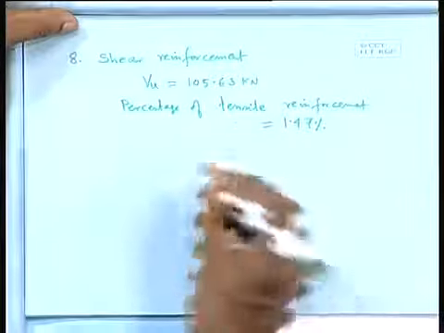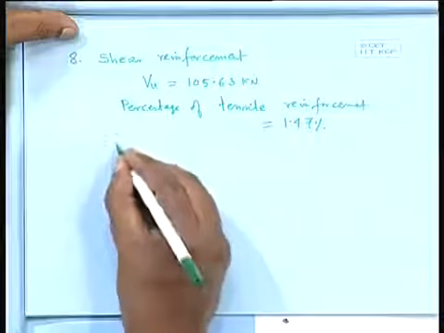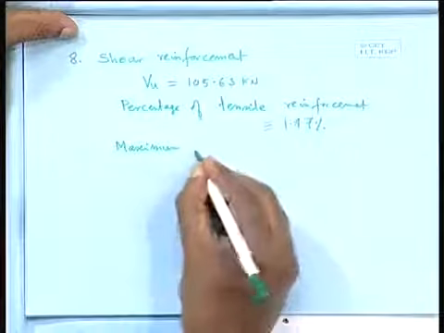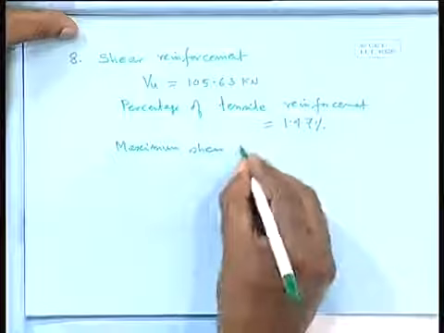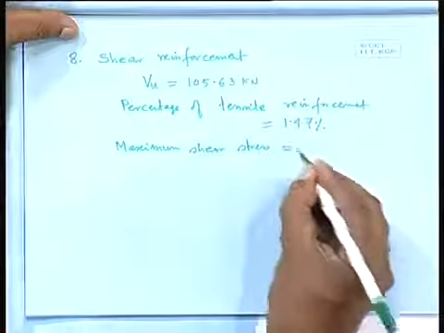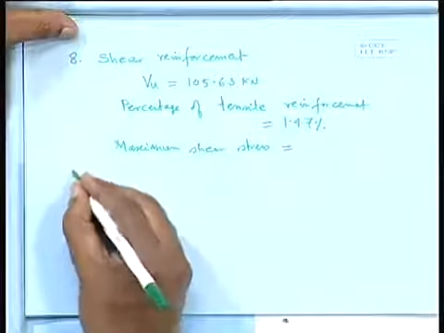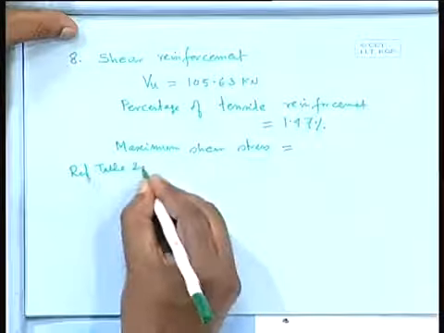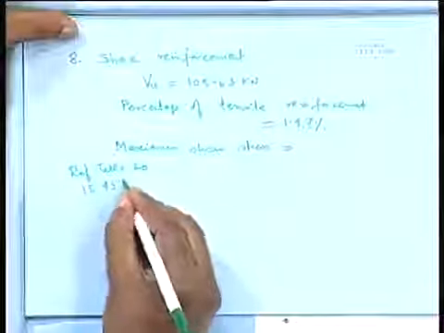What is our tau c max, the maximum shear stress? And from where shall we get it? We shall get it, refer Table 20 IS 456.